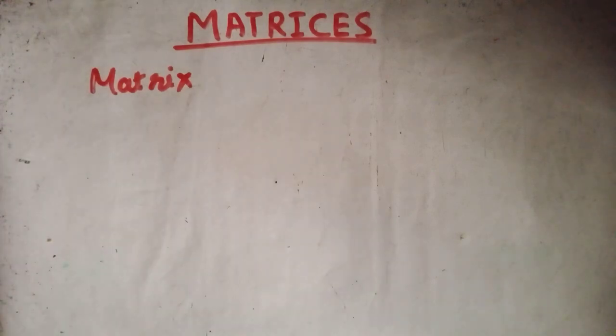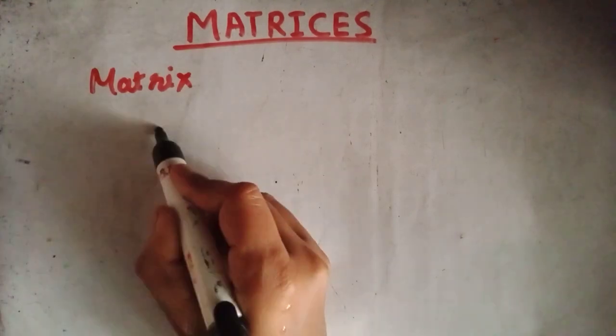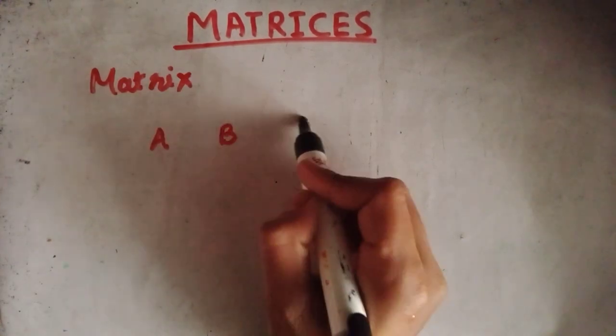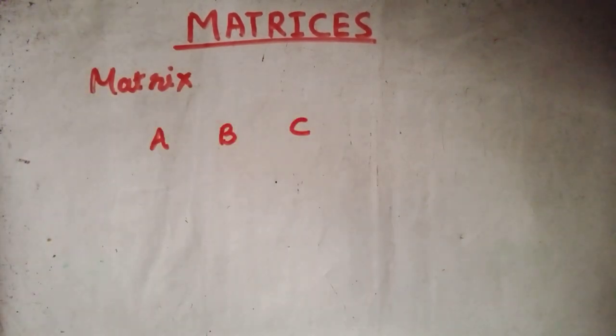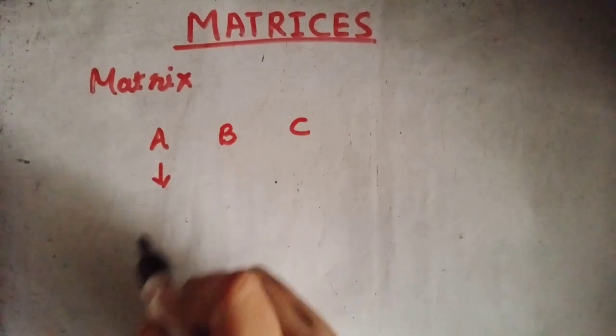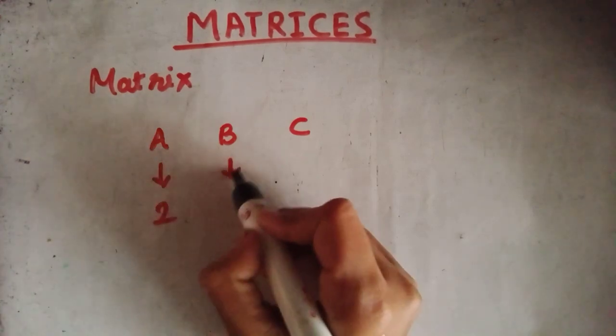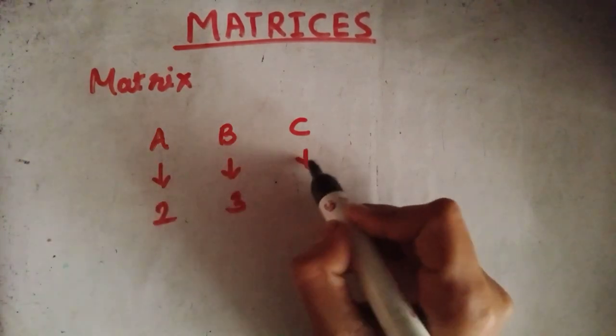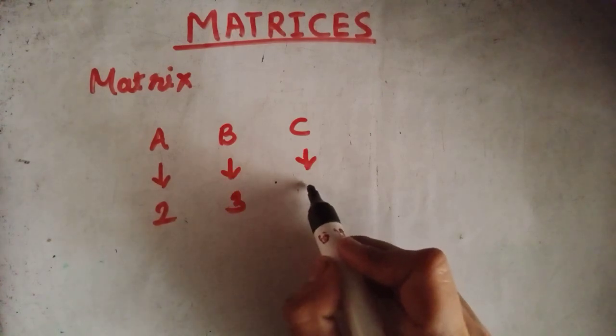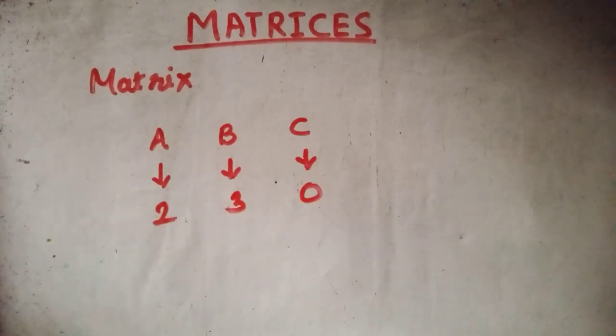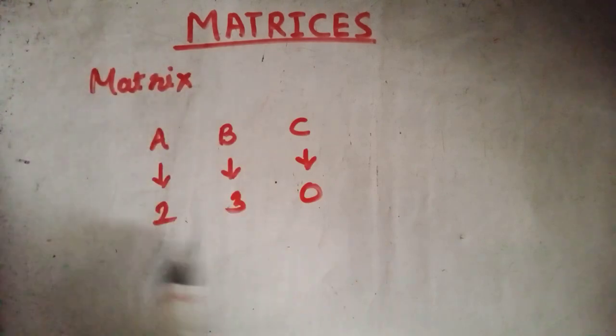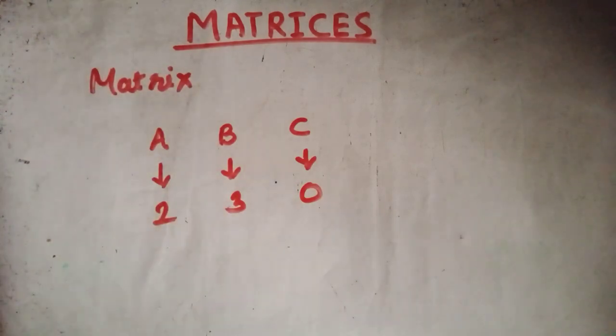Suppose you have three people, A, B, and C. Person A has 2 pens, person B has 3 pens, and person C has 0 pens. Then we can represent this information in the form of a matrix.